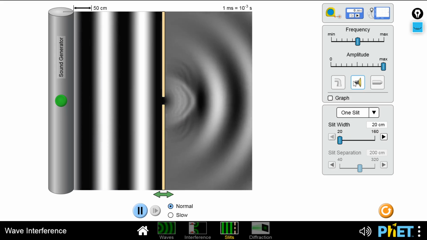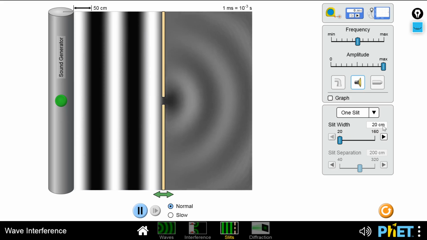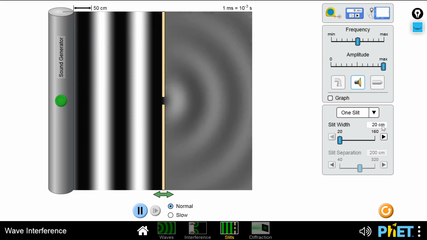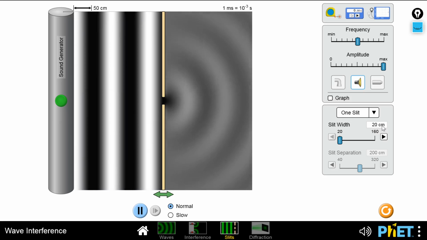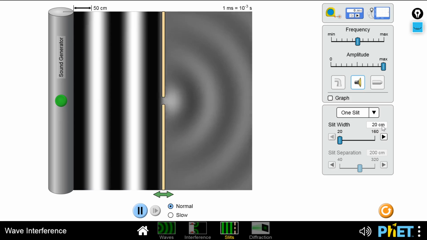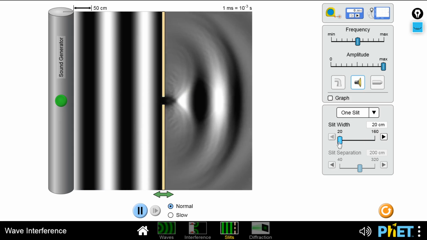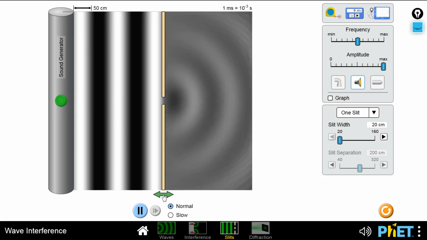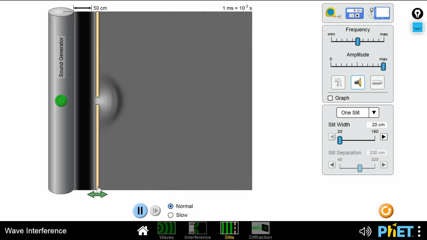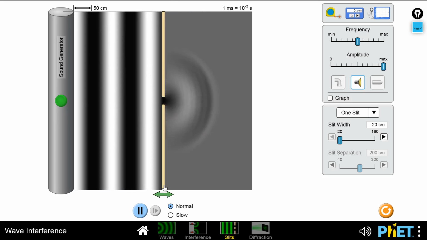For sound, we can vary it from 20 centimeters, which is 20 divided by 2.54, a little less than 10 inches, or we can go all the way up to 160, which would be quite a big thing. We can also move it left and right to give us a little more working room or see if there's any effect there. All right, let's go ahead and get started.